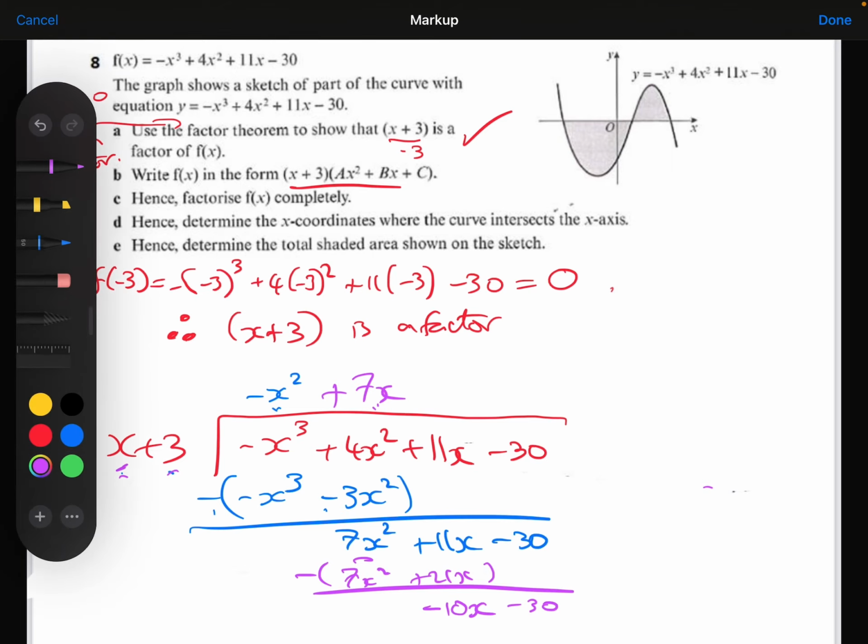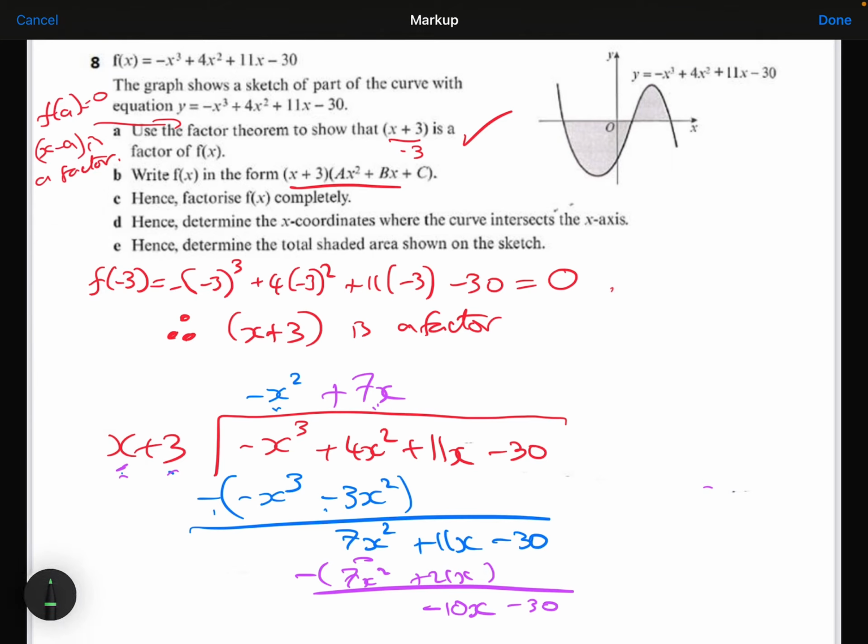And then we're going to repeat the process one last time. x into minus 10x goes minus 10 times. And multiply that out. Minus 10 times x is minus 10x. Minus 10 times 3 is minus 30. And when we take those away, we get 0, which is what we expected, because x plus 3 is a factor.